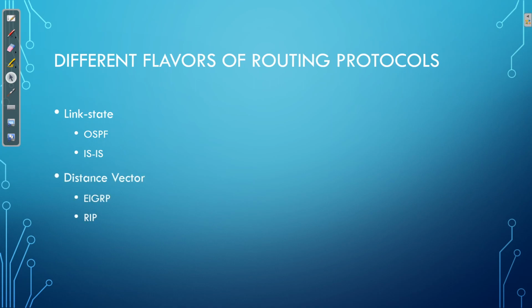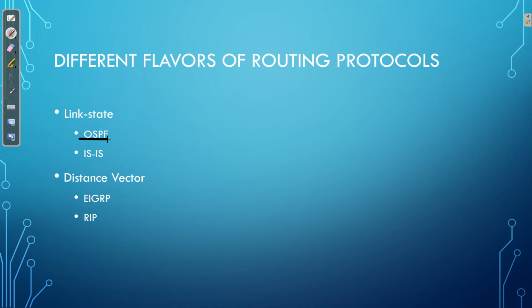Now with distance vector, the two main types of distance vector protocols we have are EIGRP and RIP. EIGRP stands for Enhanced Interior Gateway Routing Protocol, though to be fair, I forget the name. The most important thing to remember is that OSPF is open standard, that is vendor neutral, which means that we can use it with any vendor.